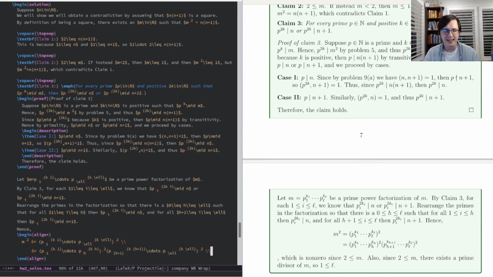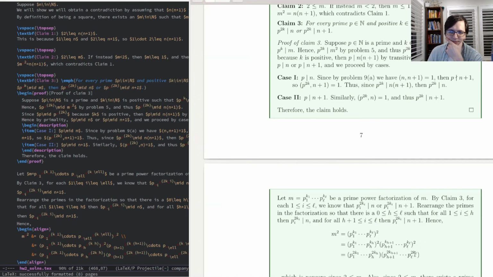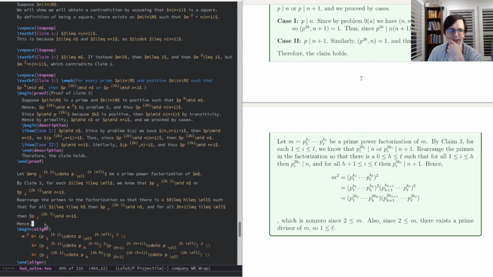Okay, so relying on our previous work in the previous problem, then we can bring all those 2's in. This isn't a hence.